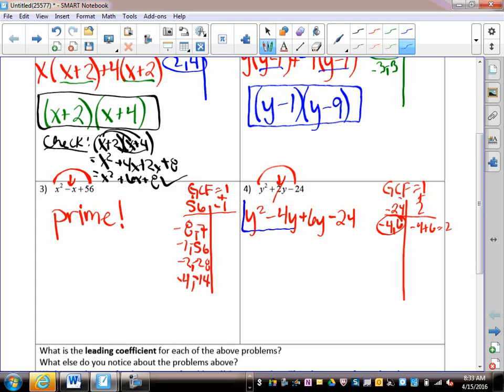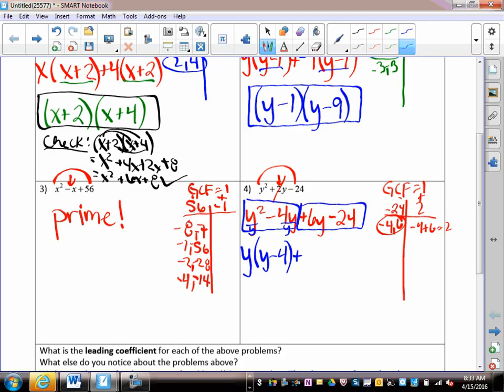Alright, my first box. What's my GCF here? What can I factor out? 1. Good. 1y. So if we divide by y, we're left with y minus 4. In my next box, always put a plus sign.